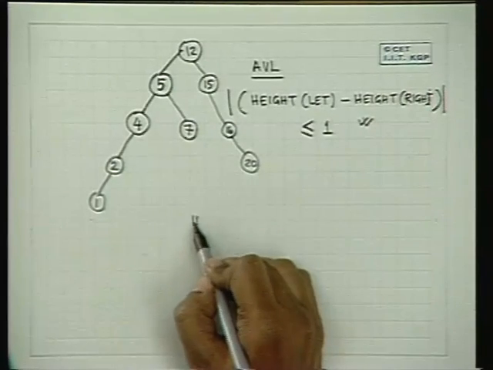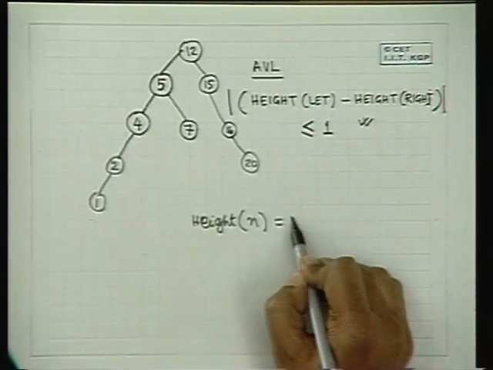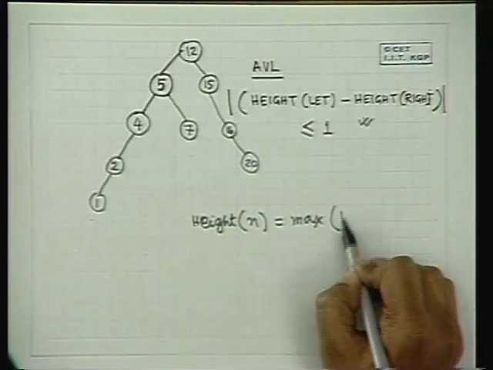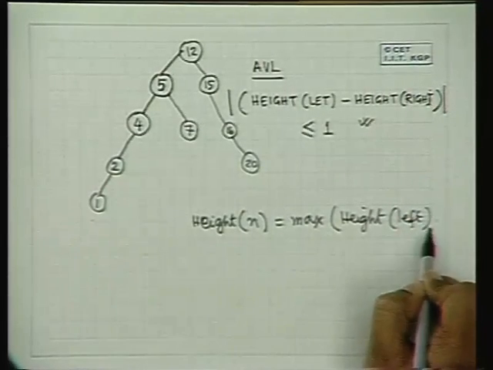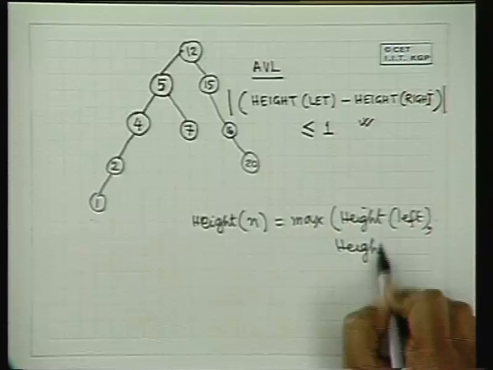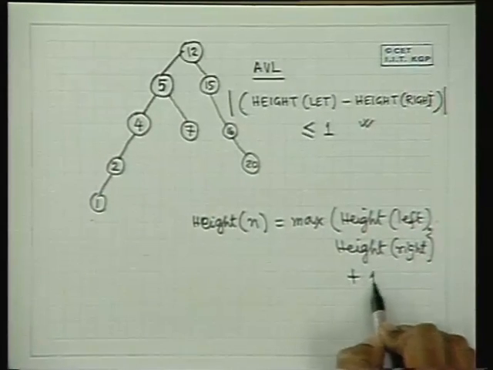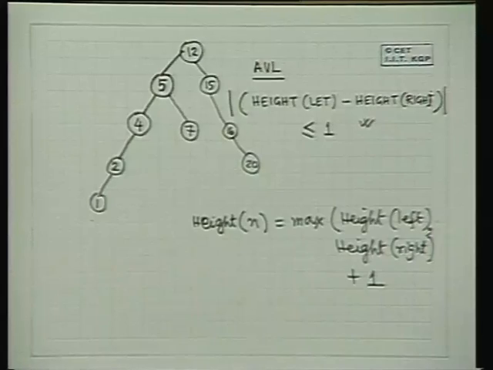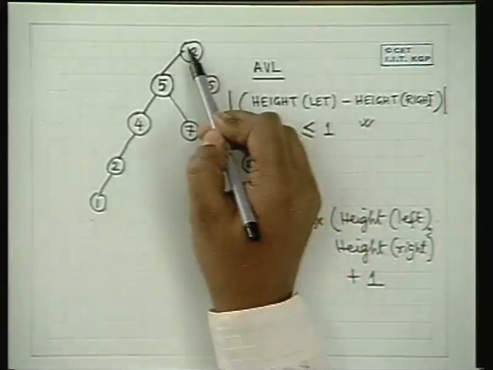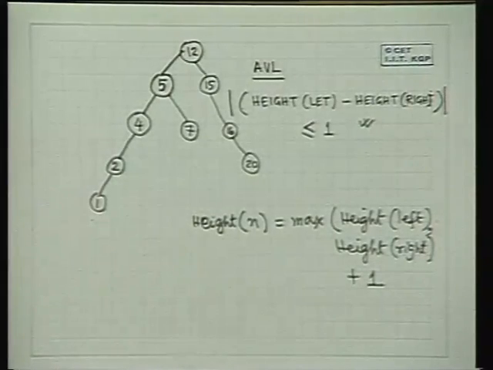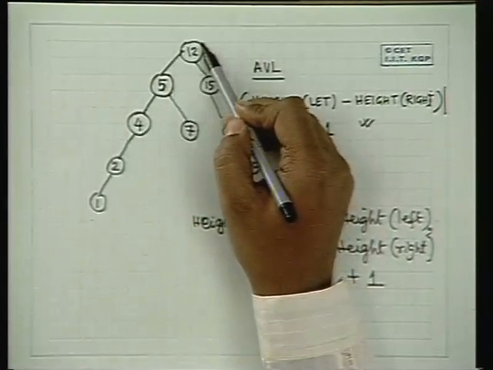The height of a node can be recursively computed as the maximum of height of left, height of right, plus 1. The height of this node is what? Take the maximum of the height of this and the height of this, plus 1. Here it is 3, here it is 2, so this will be 4.